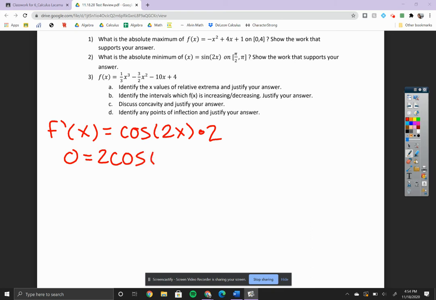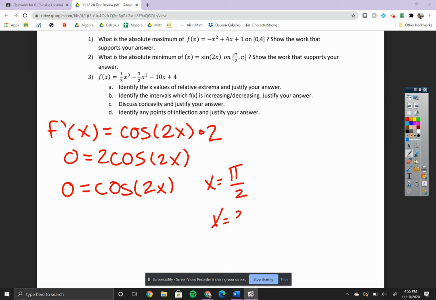All right, so 2 cosine of 2x is going to equal 0. And if we divided by a 2, we'd still get 0 equals cosine of 2x. So we just need to figure out where cosine of 2x equals 0. So if you think about your unit circle, we know that cosine of x equals 0 when x equals pi over 2 and when x equals 3 pi over 2.